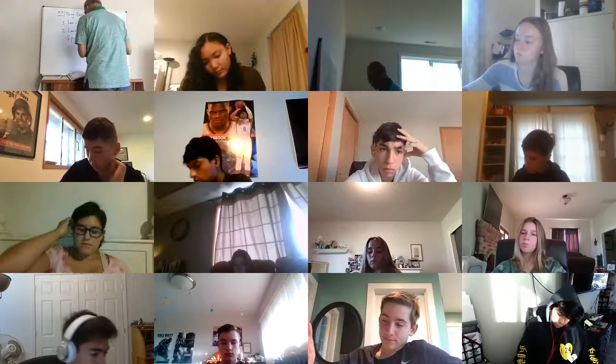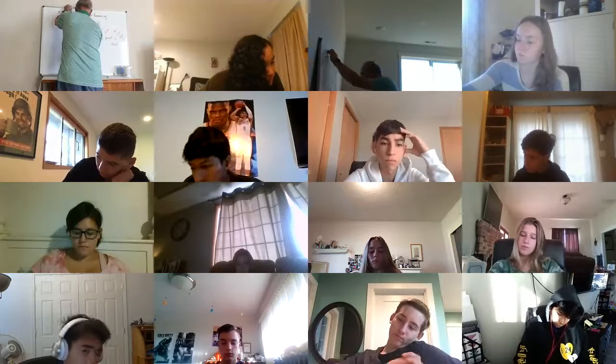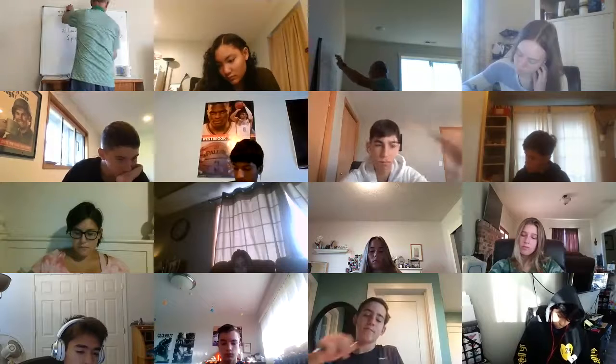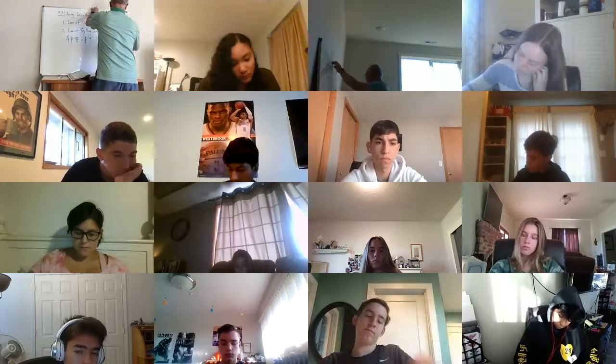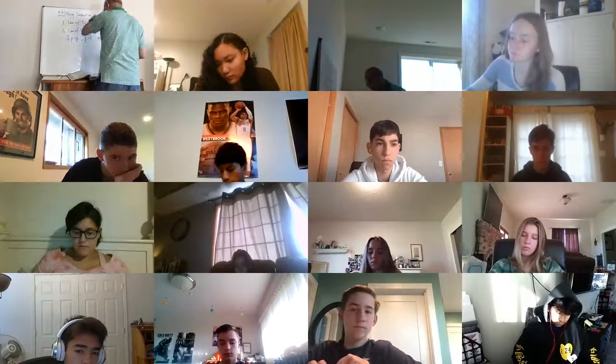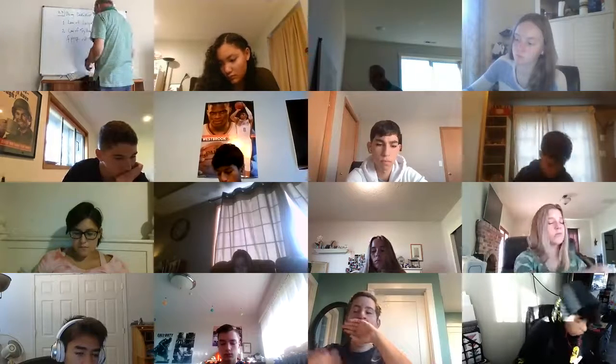Okay, let's see if we can do the next example. Example number B. Okay, example B says, given if a number is divisible by 4, then it is divisible by 2.